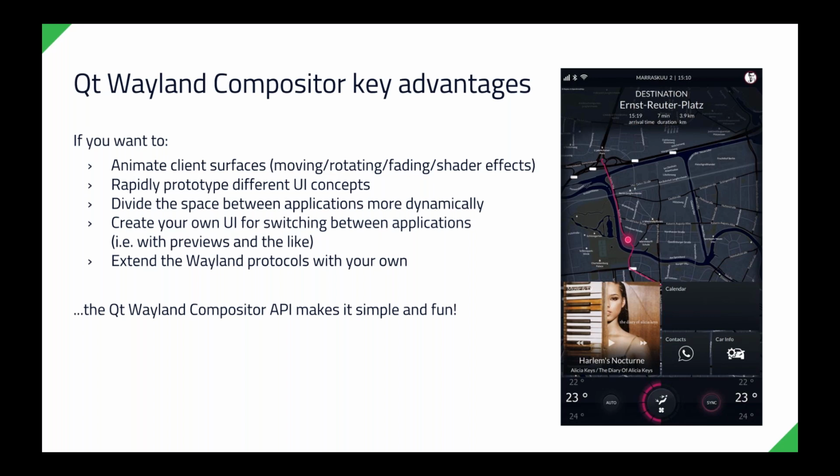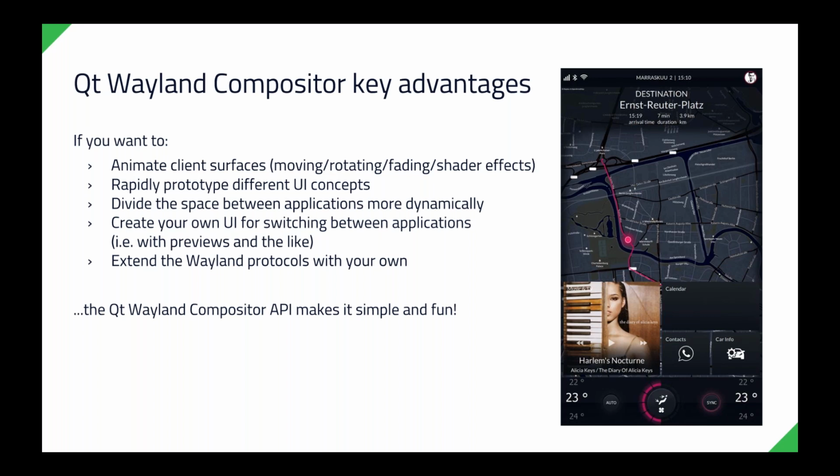And we also have great support for extending the Wayland protocol with your own protocols. So you get a lot of help generating the right classes, and you might want to do that if you feel like there's something missing from the Wayland protocol. For instance, you might want to have your clients be able to show notifications. So that's an example of something you might want to write an extension for.